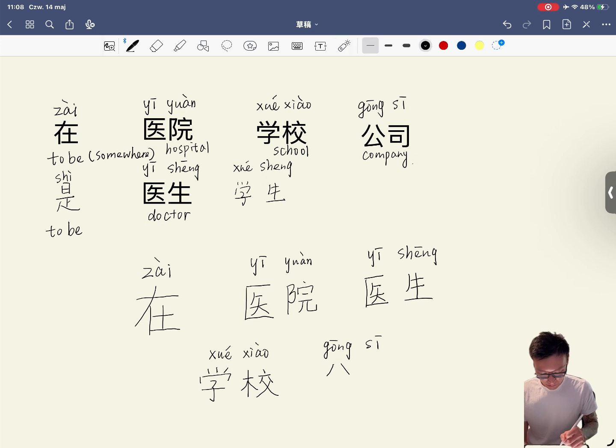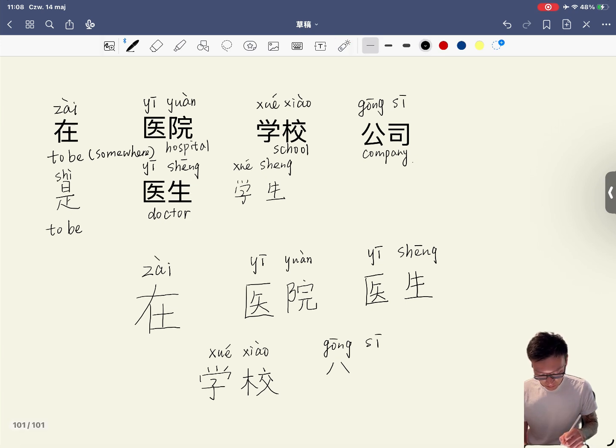All right, so that's 公 on the top, and on the bottom is like this. And 司, first we give it a frame, 1 horizontal line, and 1 square under it, just like 口. All right, so 公司 is company.